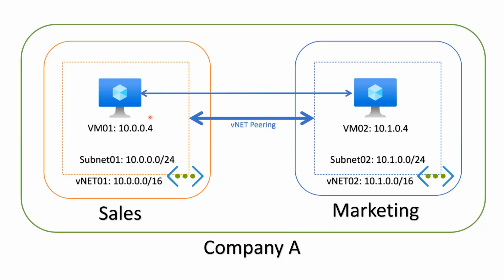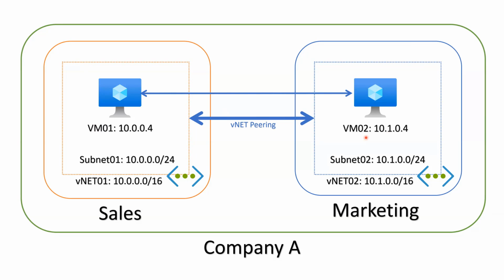Make sure that you understand that here we are only referring to the private IP address and not the public IP address. If vNet peering is not configured between these two virtual networks and we have a public IP address assigned on VM02, then we can access the web server from anywhere, provided we have allowed the port in network security groups.